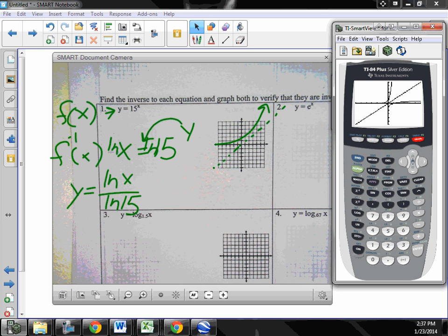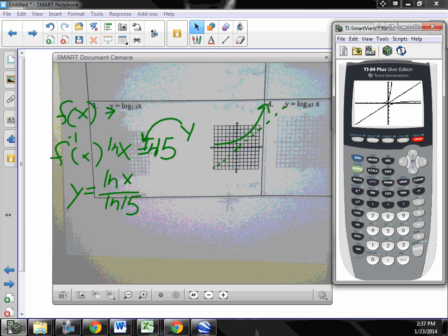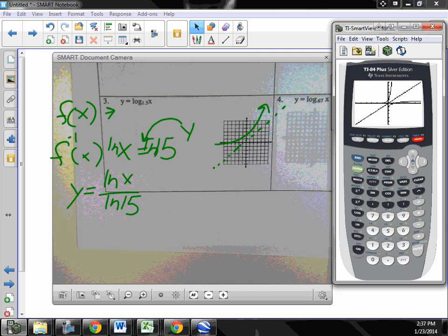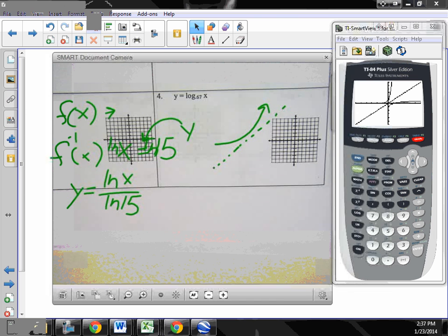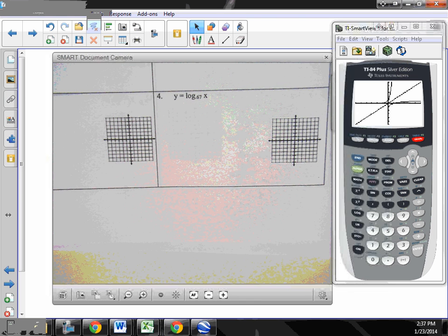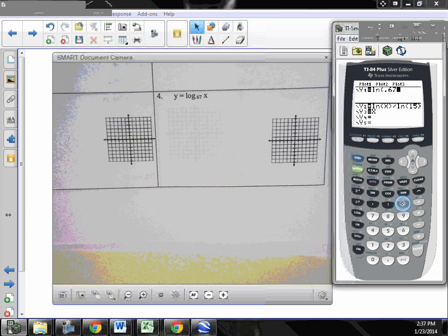Okay? So let's look at number 3. No, let's do number 4. It's kind of more fun. So I'm going to graph this ln of 0.67 divided by the ln of x.